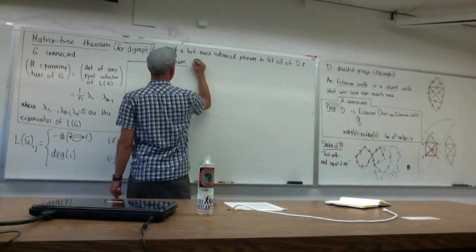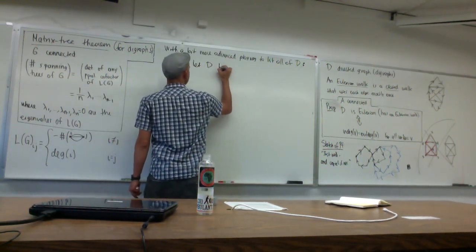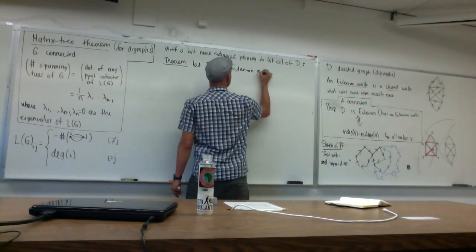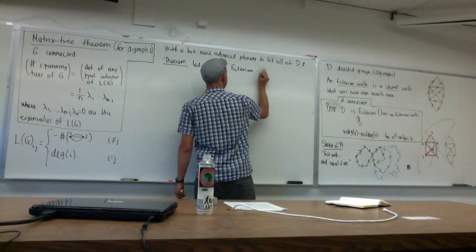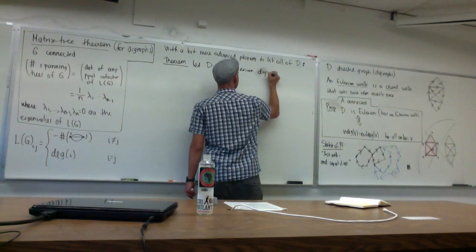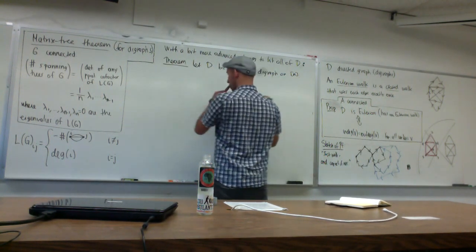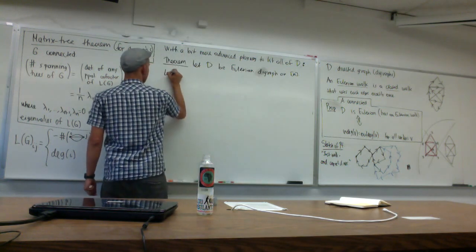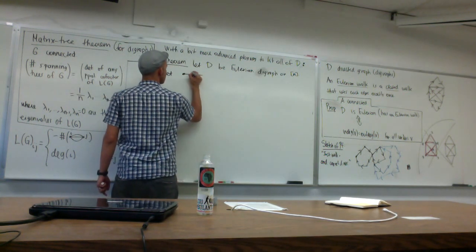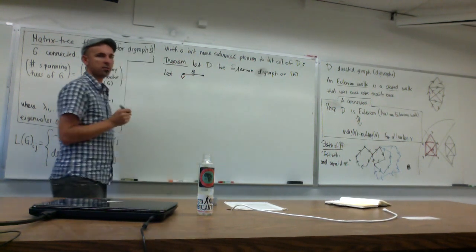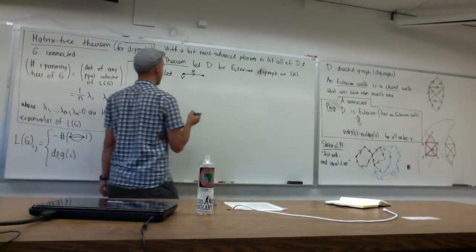Let D be an Eulerian directed graph, right? On N. Okay? And choose any edge E, and let V be the starting point of that edge.